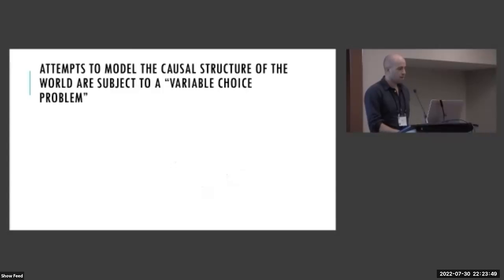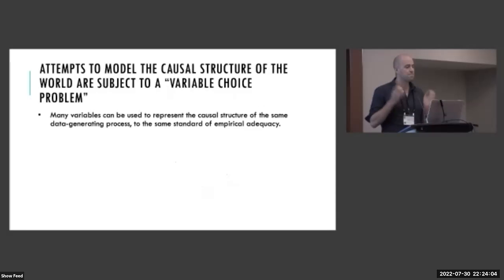Now, attempts to model the causal structure of the world, whether you're doing it in science or in your everyday life, to the extent that there is even really a distinction between those two things, are subject to this variable choice problem. And the problem is that many variables can be used to represent the causal structure of the same data generating process to the same standard of empirical adequacy. What that basically means is that you can choose some variables to chunk up the world in different ways.